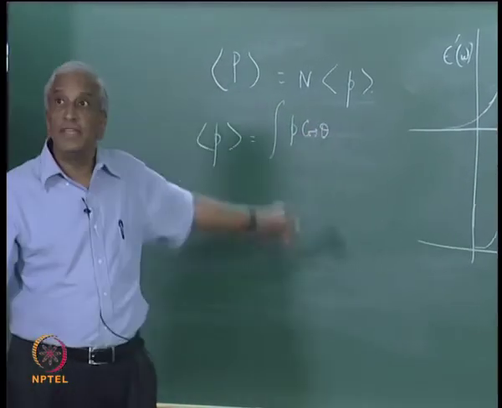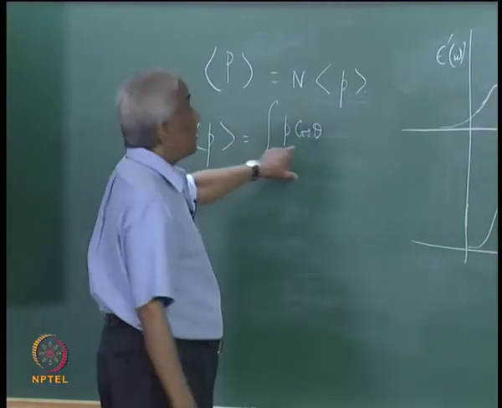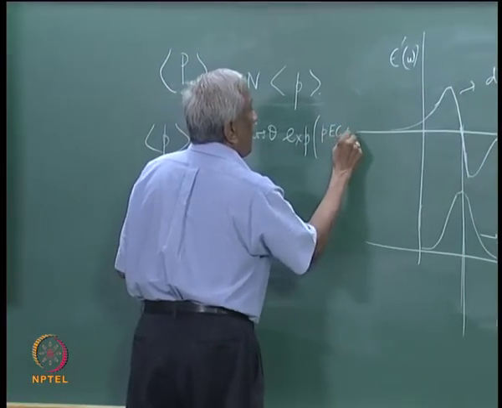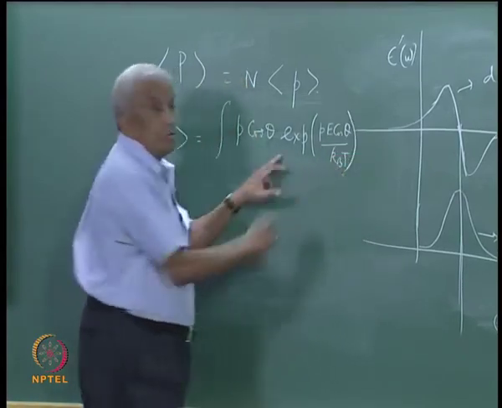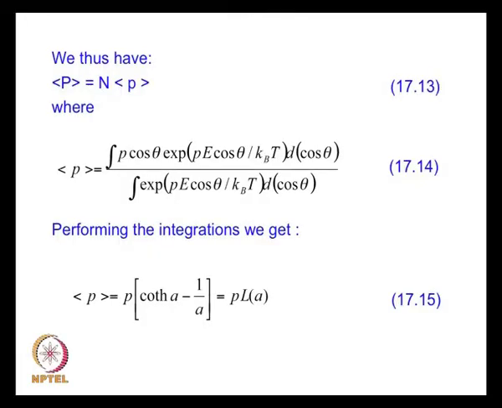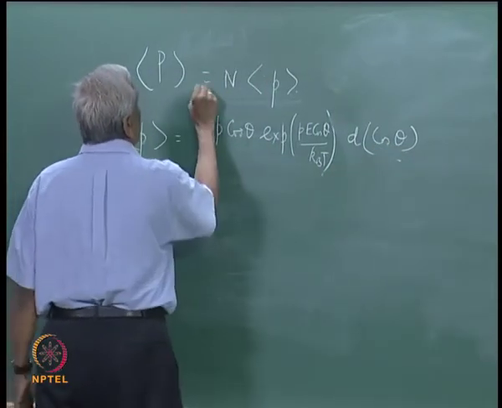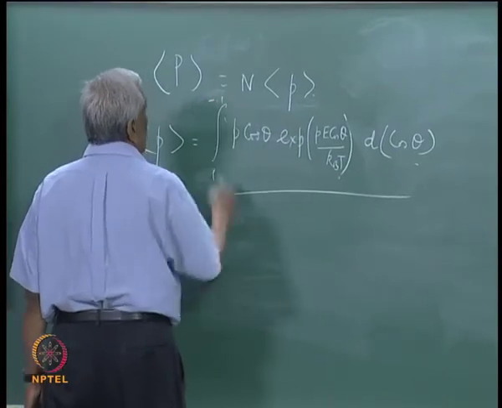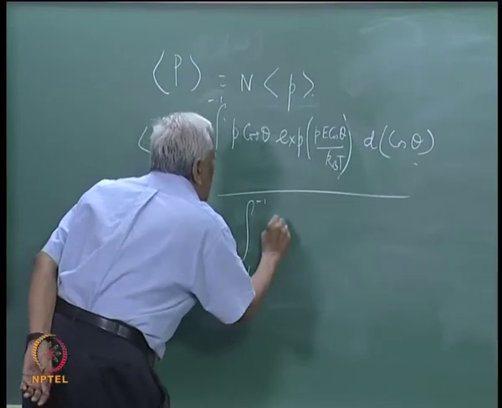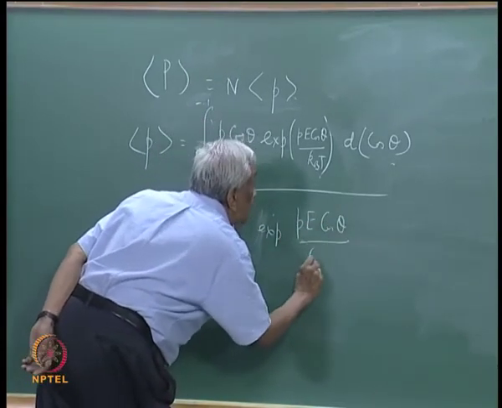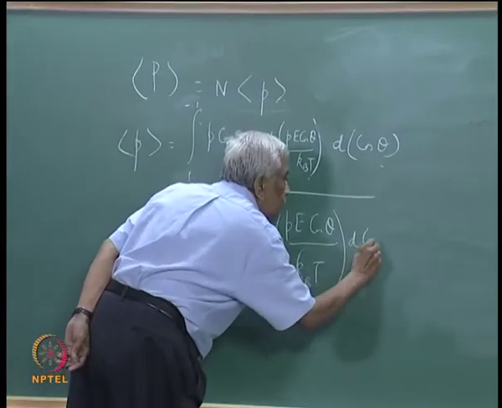This is the projection of the dipole moment of the permanent dipole in the direction of the applied field, times the usual Maxwell-Boltzmann statistical factor, exponential of p E cos theta by k_B T, times d(cos theta), integrated from minus 1 to 1.